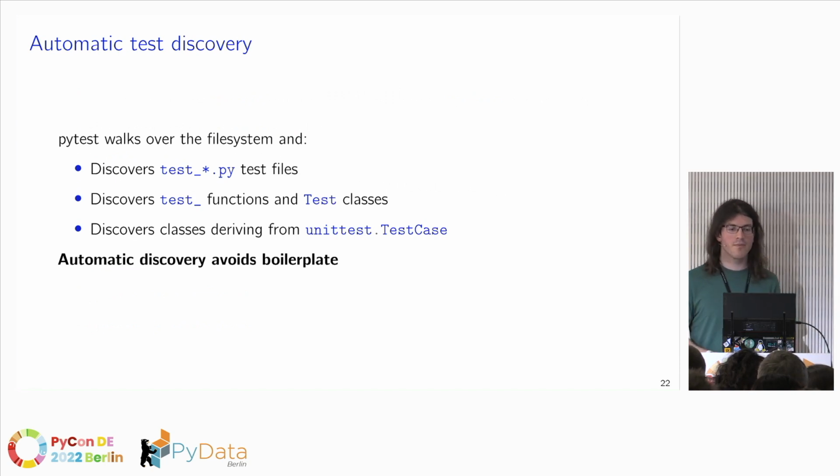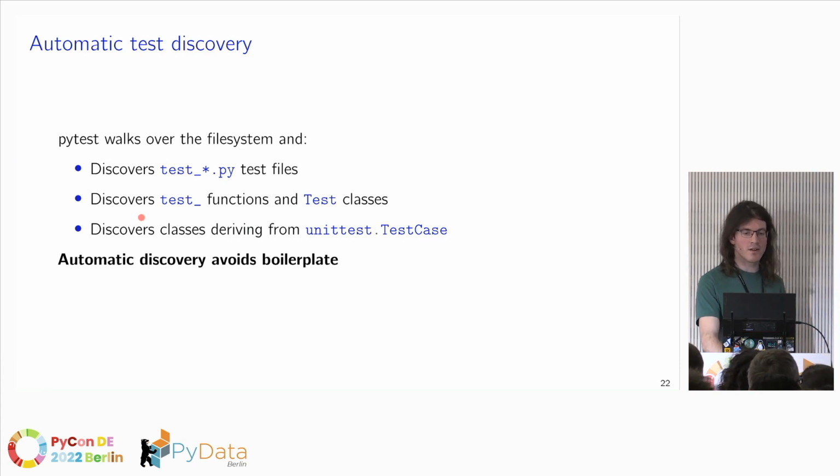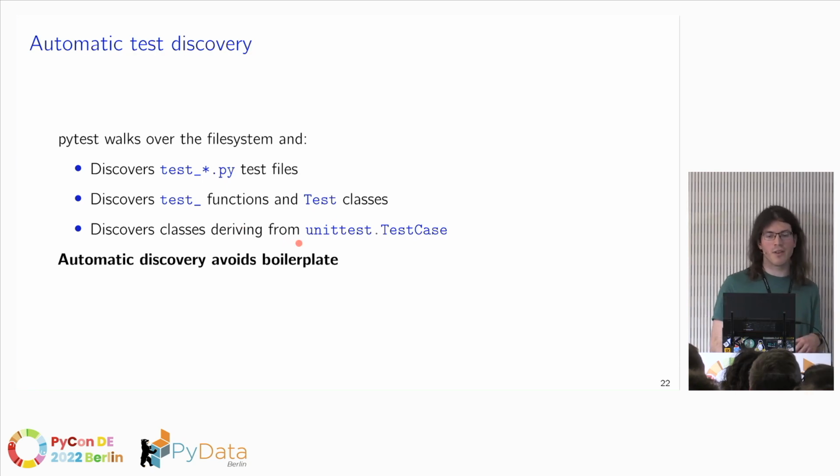By default, PyTest walks over your file tree and discovers any files starting with test underscore something dot py. There it discovers functions starting with the same test underscore prefix and classes starting with Test. It also discovers classes deriving from unittest.TestCase so that it can run existing unittest test suites.